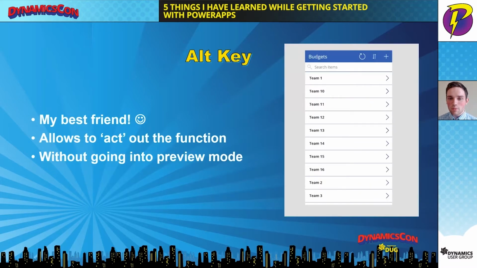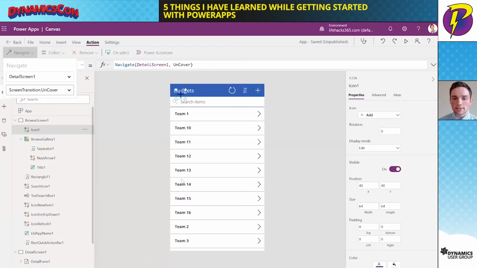So next I will move on to the Alt key. And whenever you're making a Power App, in my opinion, the Alt key is my best friend when it comes to making a Power App. Because like I said in the previous one, when you hit the play icon at the top, it brings you into preview mode.